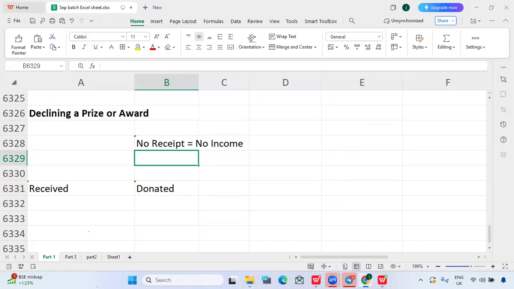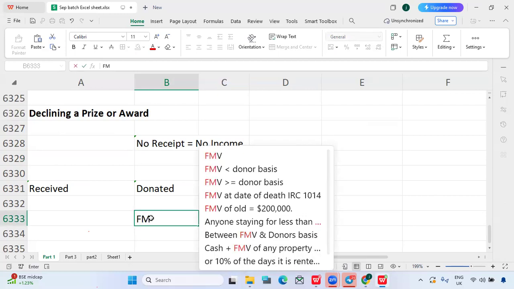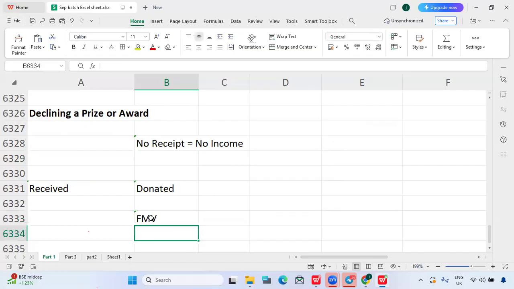If a prize or award is accepted, then it will be taxable. So at what price? The price will be fair market value. Regarding the definition of fair market value, there will be two persons, one willing buyer and one willing seller, and both should have knowledge of the product.